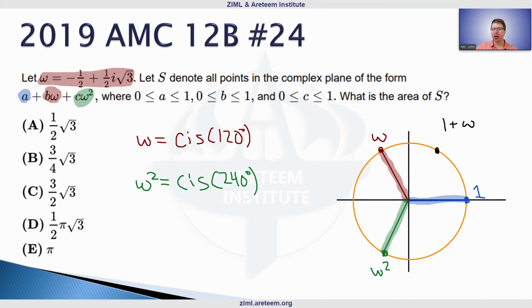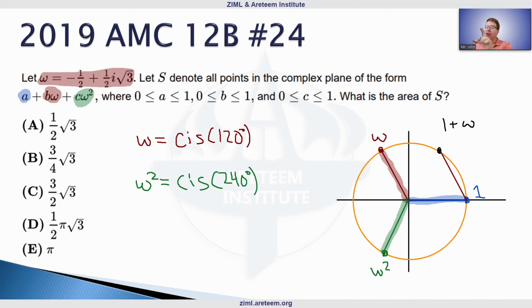So if we go to the point 1, and then we add omega to it, this is where, if you know about vectors, it's pretty obvious. What we're really doing is still moving along that same kind of line. So we're moving up here to this point 1 plus omega.